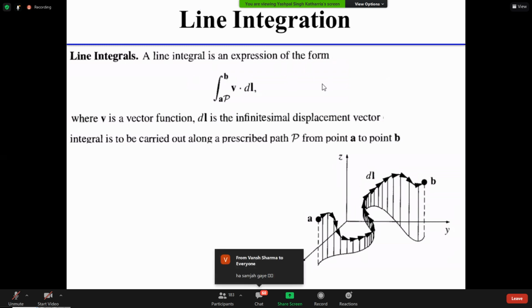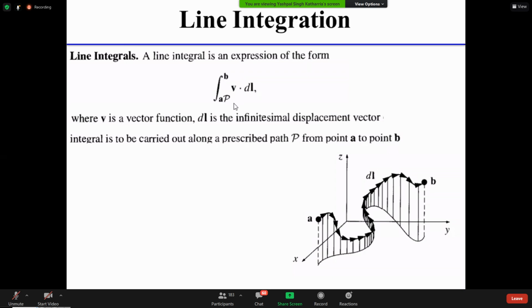So next thing that we want to introduce here is line integration. Line integration of a vector function has the expression integral from a to b of v dot dl.